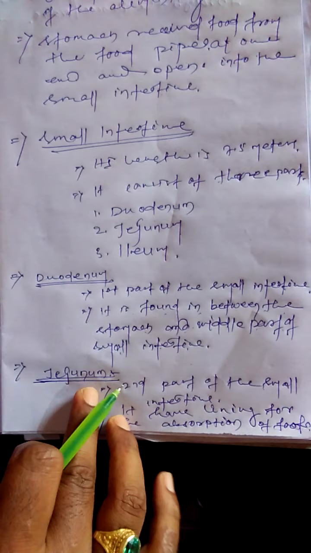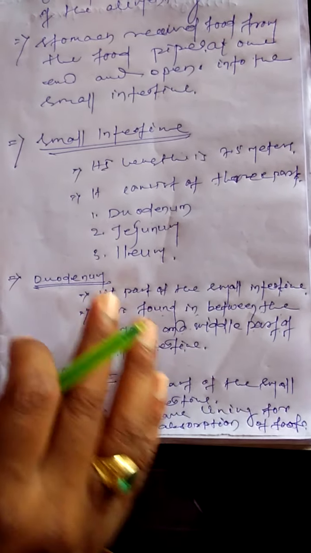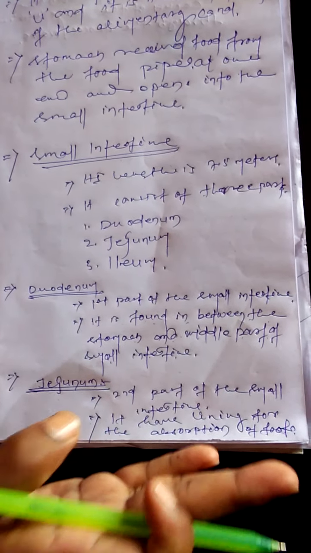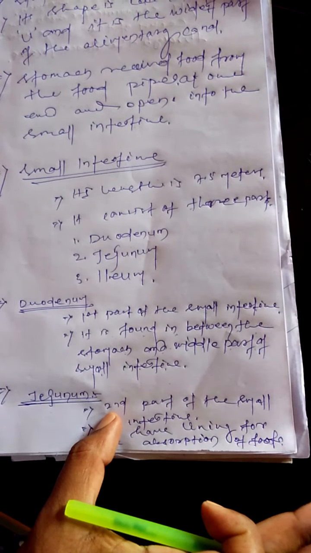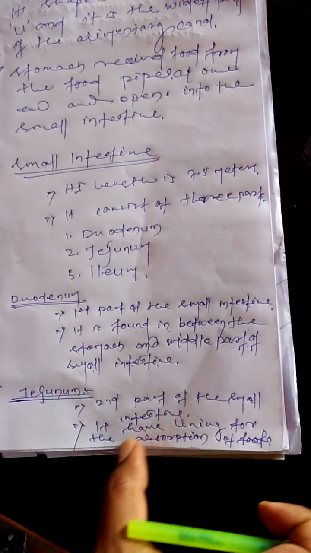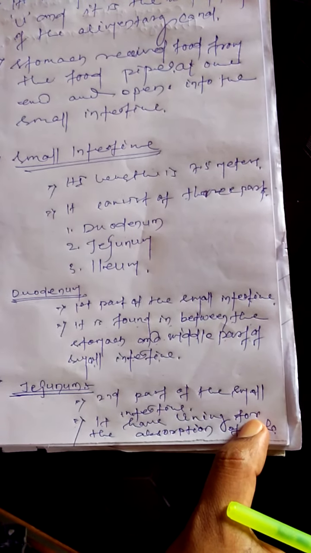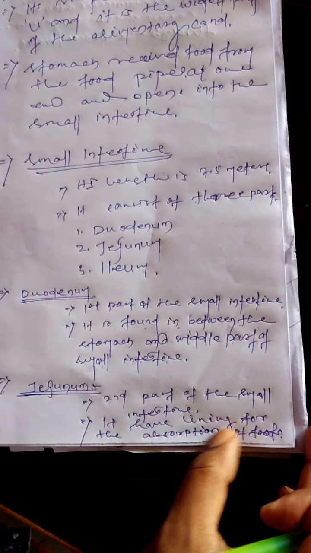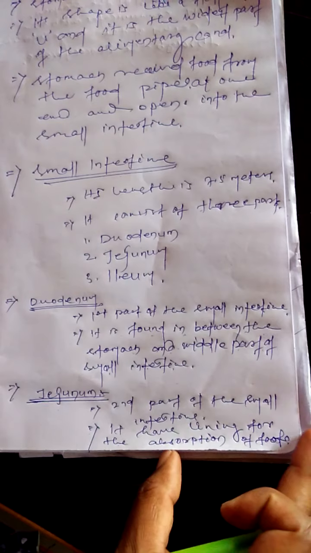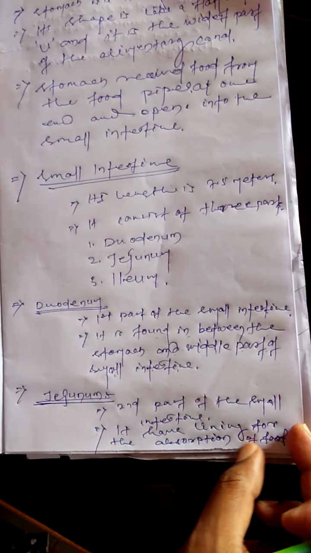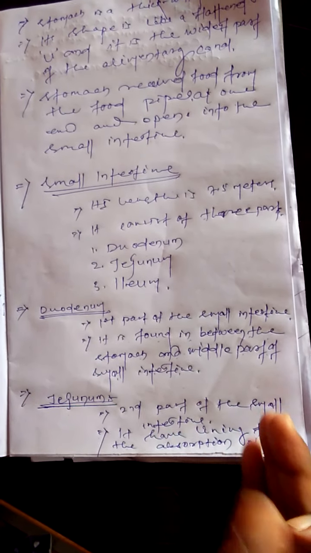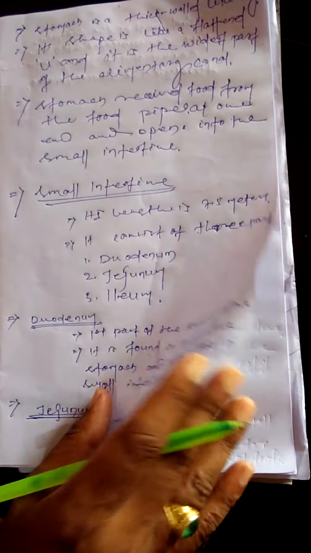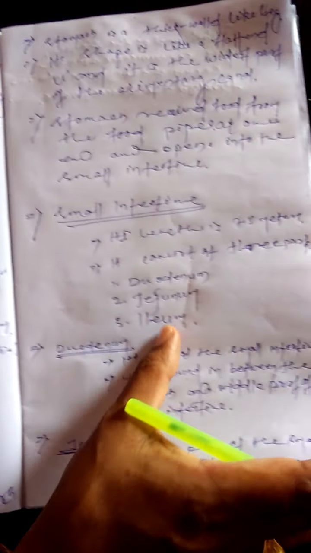Another second point is jejunum. Jejunum means what? It is after the duodenum. It is known as the second part of the small intestine. It has lining, meaning small segments are present that absorb the food materials for the digestion. Another third point, ileum.